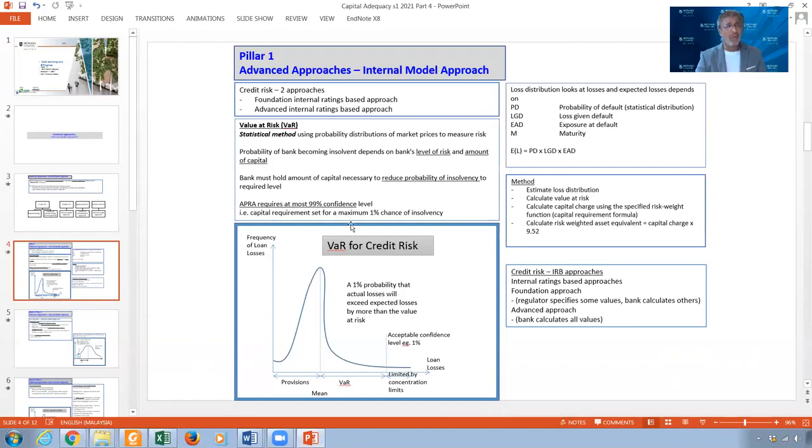So this model will allow you to calculate the VAR. The VAR is the capital required or the capital charge that you have to transfer to risk-weighted assets by multiplying by 9.52.